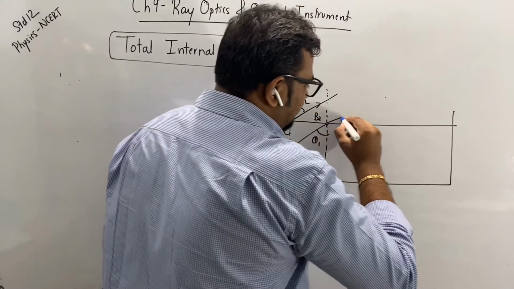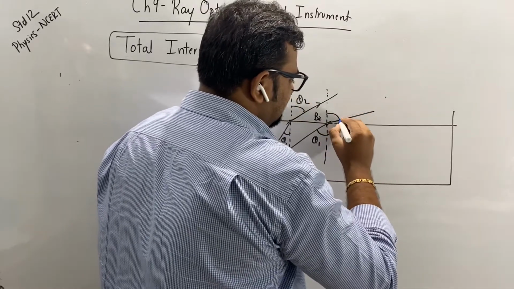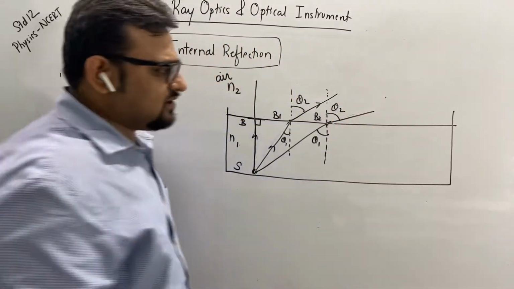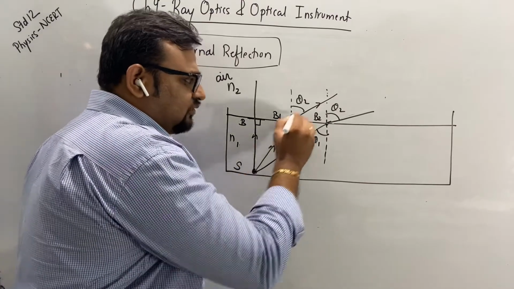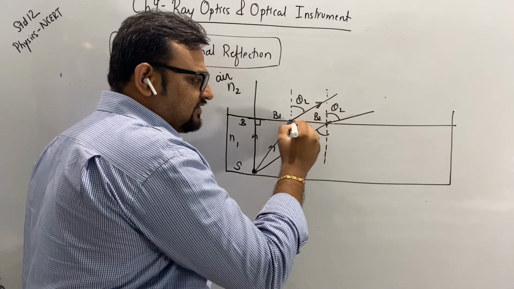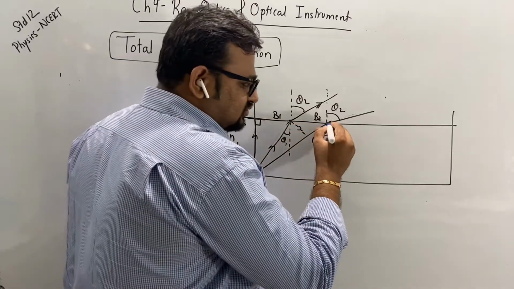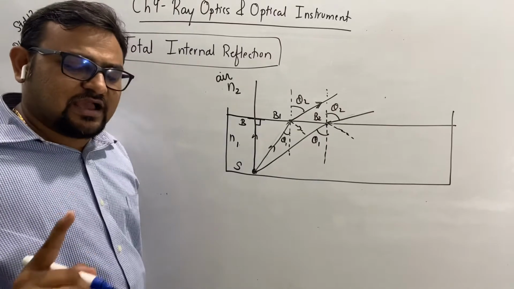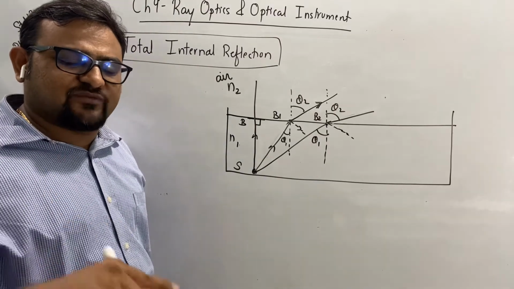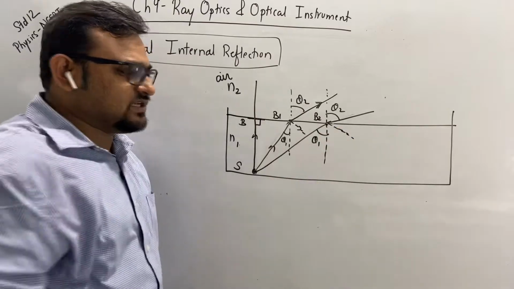So it will bend more. You can see this is higher. Clear? Now the ray of light enters from one medium to the other, the refracted ray, and it is also partially reflected. Remember the intensity I equals (N2 minus N1 upon N2 plus N1) whole square into I0. That will be the intensity.